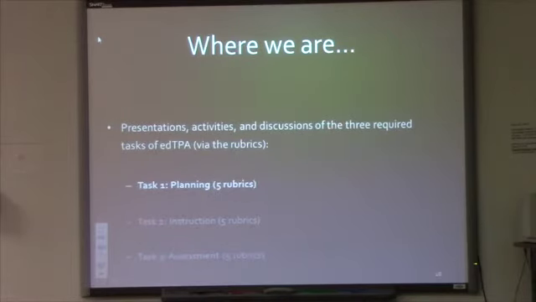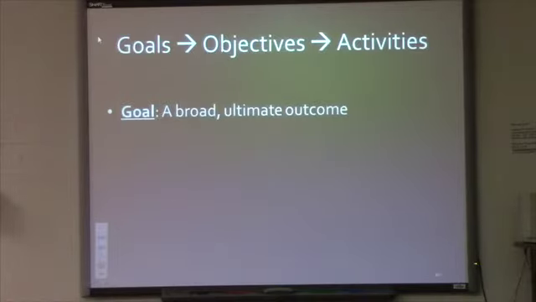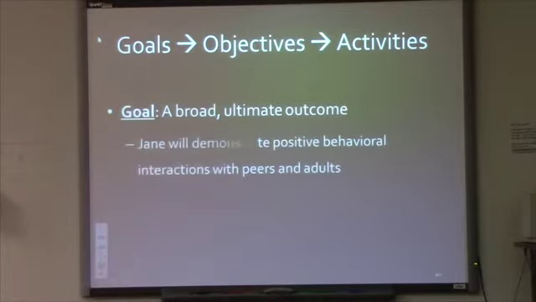So now, rubric 1 for planning. The goal is essentially a broad, ultimate outcome. Jane will demonstrate positive behavioral interactions with peers and adults. You don't know how to measure this. This is something you want them to be able to do.